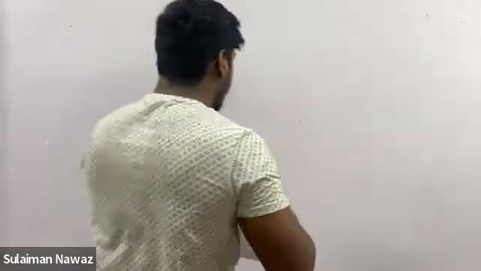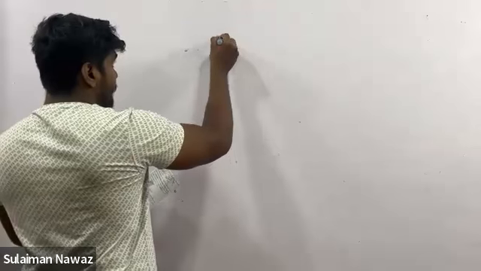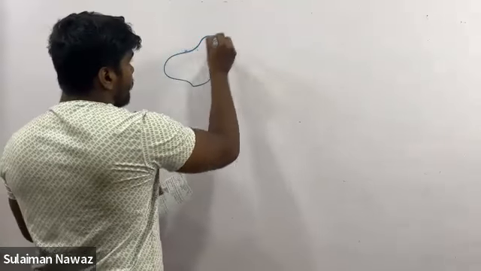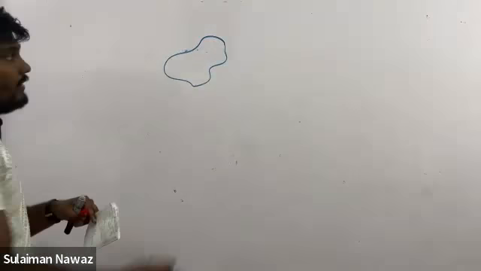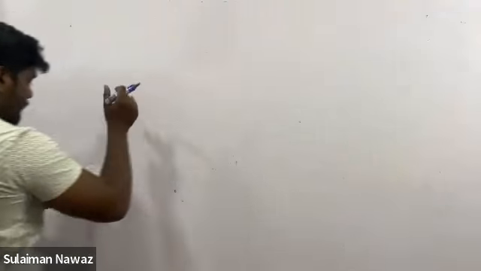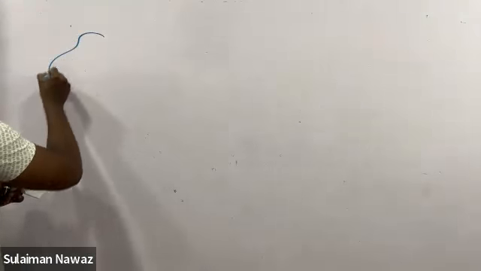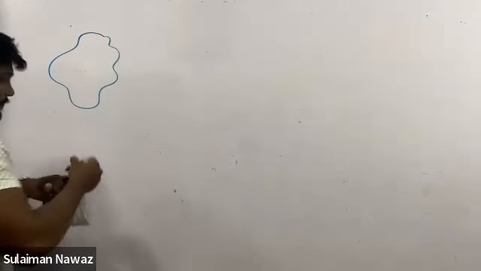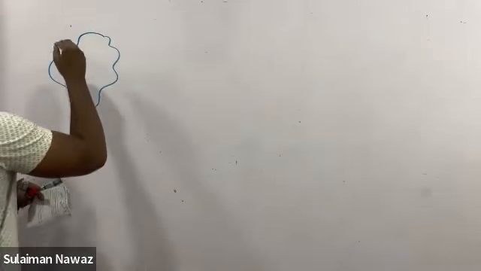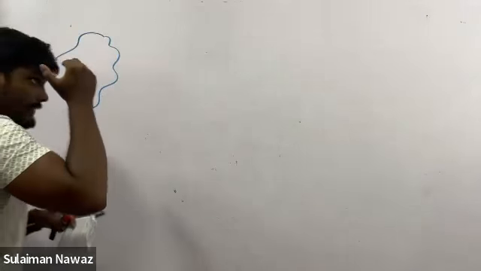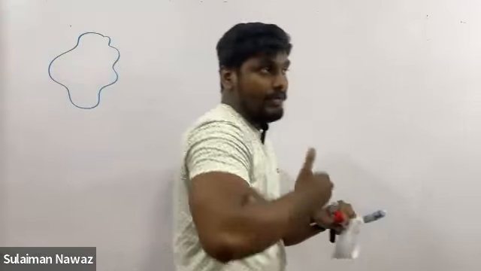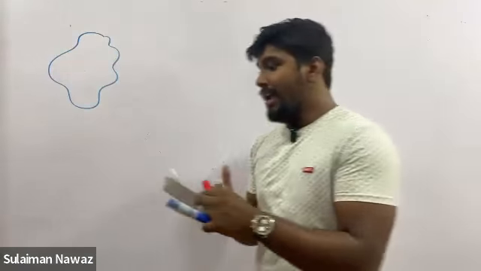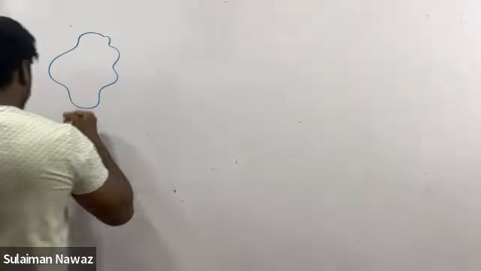Now this is some kind of liquid surface, my liquid surface. Now this is a top view; I'm looking at this liquid surface from the top, and I draw an imaginary line.